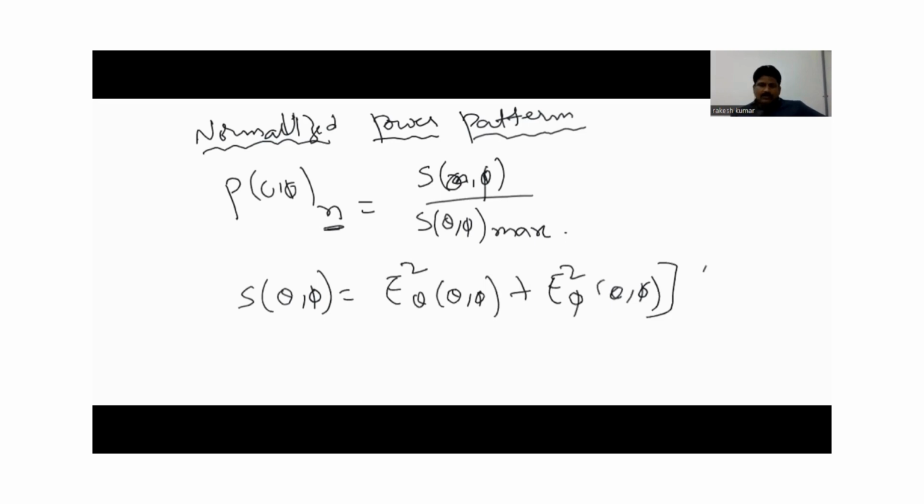This is the value of S, where Z naught is the intrinsic impedance, equal to 120 pi, and S of theta comma phi max is the maximum value. The units are watts per meter square. So this is the definition.